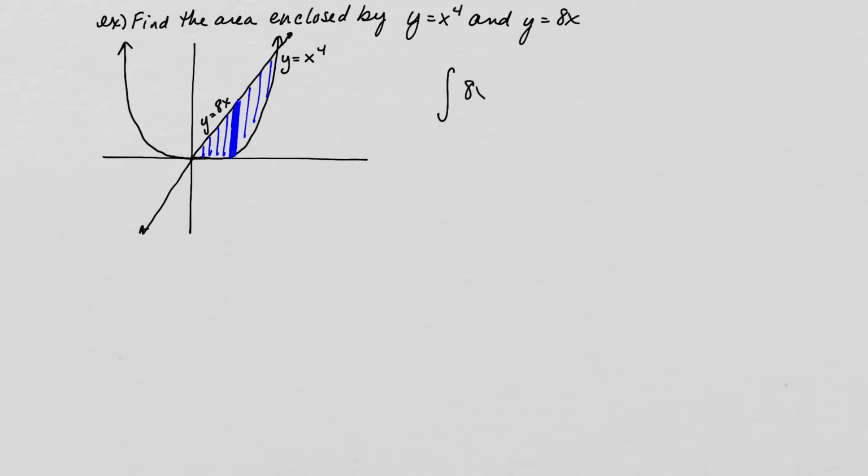So the top function is 8x, minus, what's the bottom function? Yep, x to the fourth. So we're looking at integrating that difference. Then we have to figure out from what point to what point we're going. This one is easy, that's going to be 0. But we have to figure out where we're going to end up integrating up to. So any ideas how I might go about doing that?